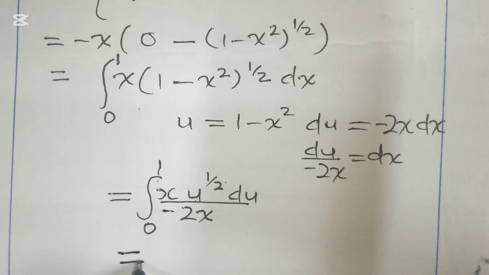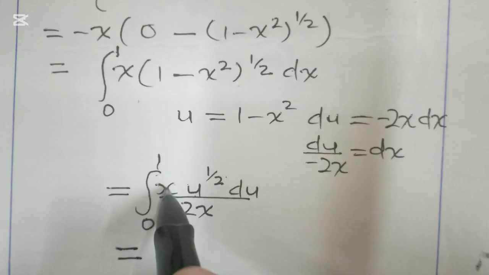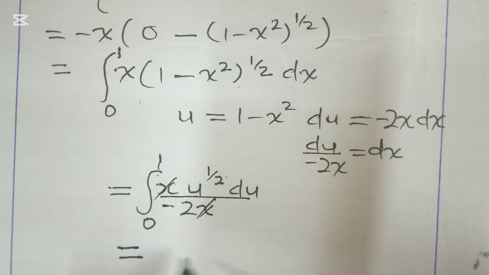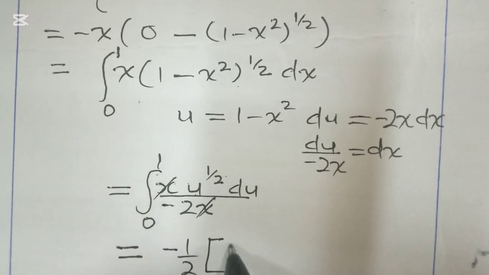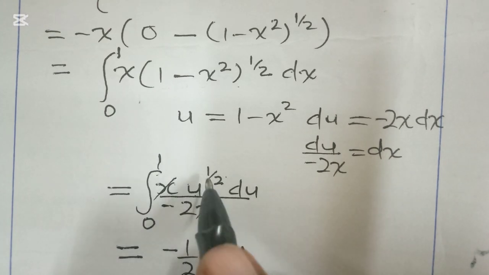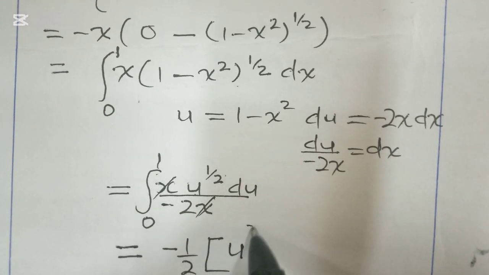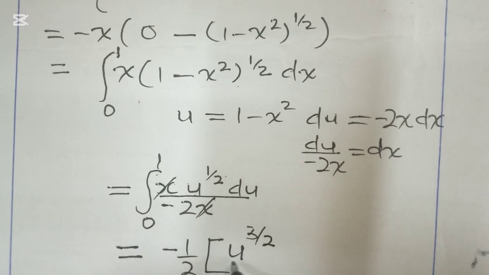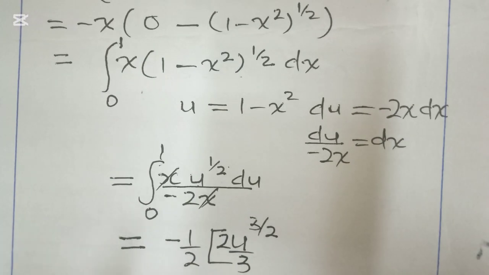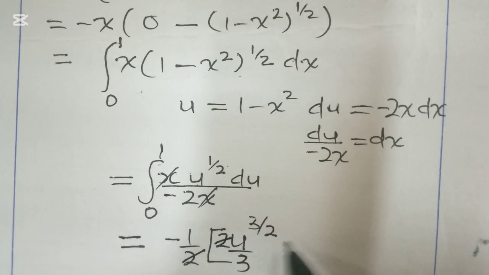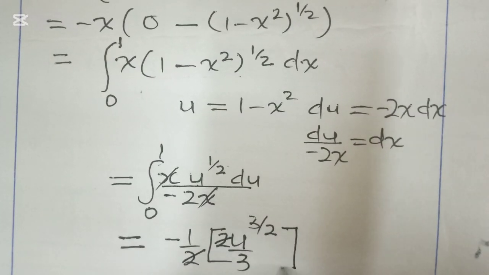To integrate that guys, first we cancel x, then we are left with negative a half. Then we integrate the inside, we are going to get u raised to a half plus 1, that is 3 over 2, all over 3 over 2 again, 3 and then 2 there, like that. And so the 2's are going to cancel. So guys, we are left with that.